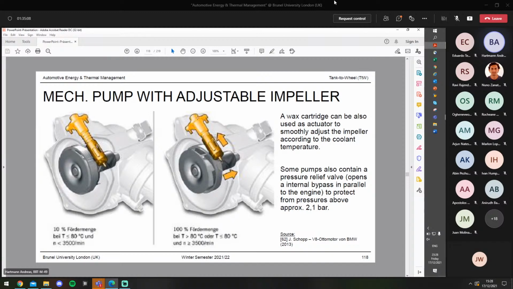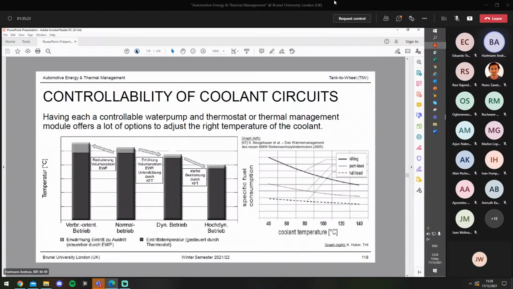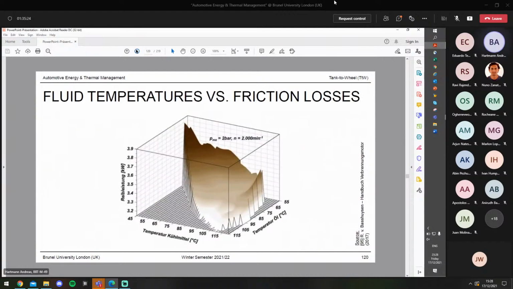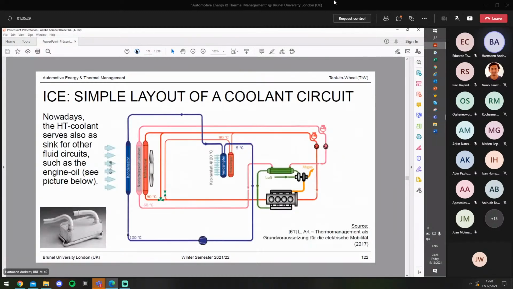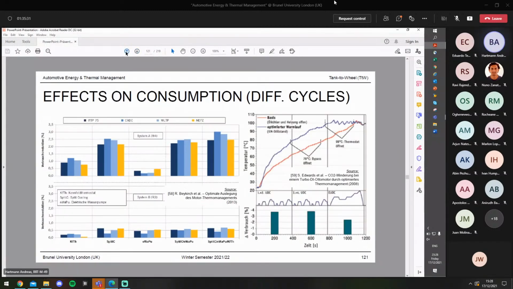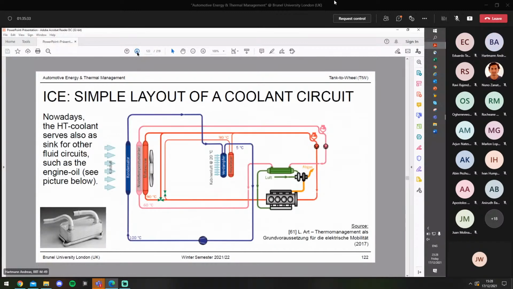And when it gets warm, it is expanding and changing, as you can see here on the picture, the geometry of the coolant pump, and therefore applies the required mass flow. Okay.